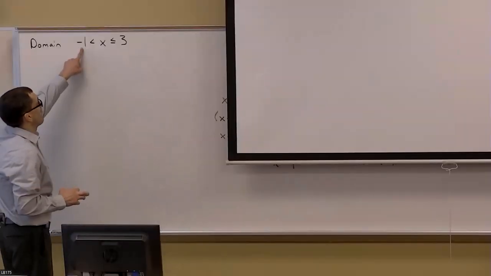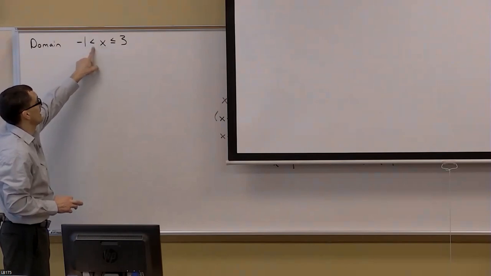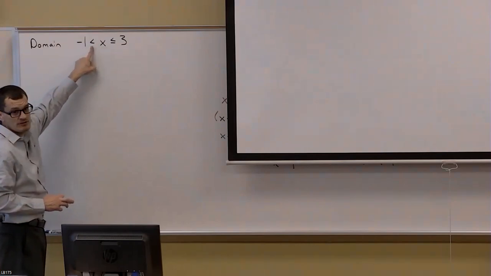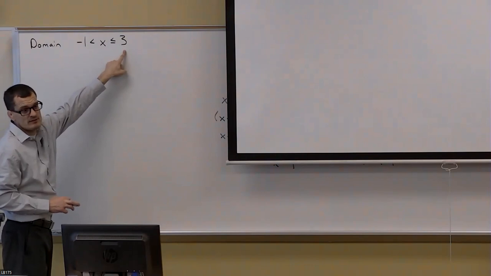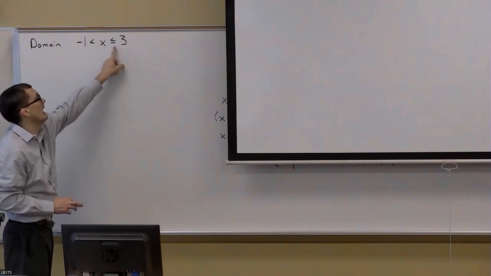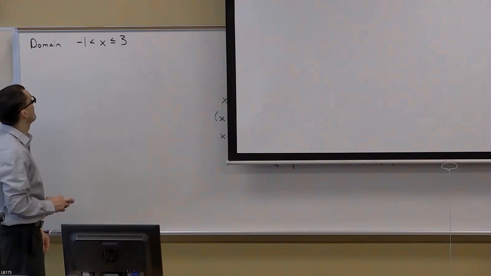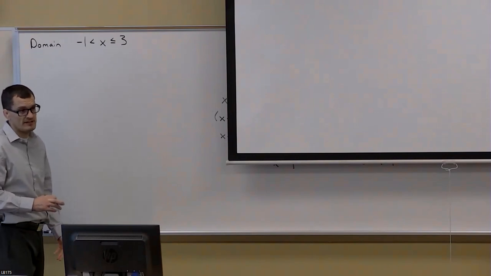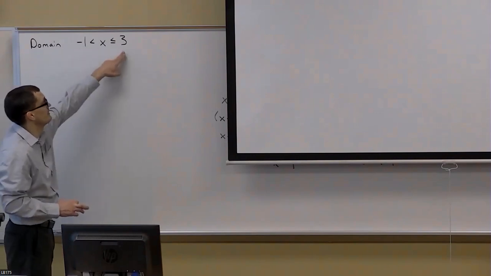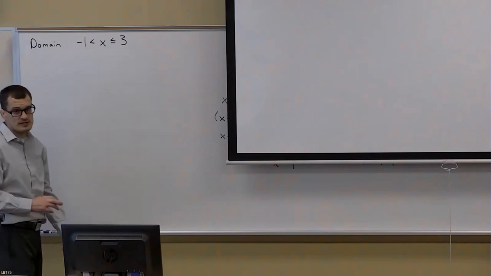The domain is all numbers that are bigger than -1, but notice I cannot equal -1, and that are under 3, but remember, I can touch 3. That's the inequality notation for the domain: all x values between -1 and 3, where you can't touch -1, but you can touch 3.